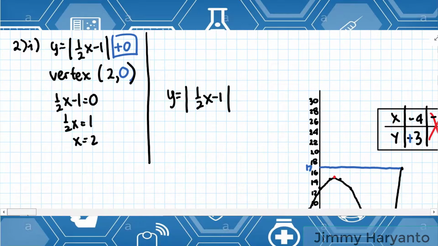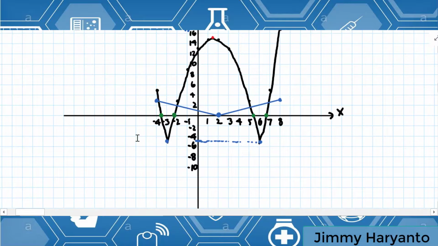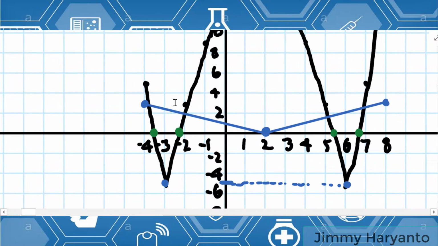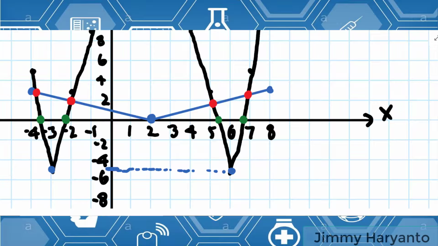You will get 30 points for this graph, and the next question will be the intercepts. So you have to find the points of intersection, this one, this one, this one, and this one, and then read the points.